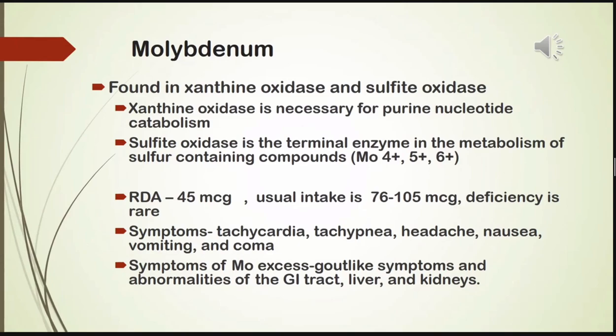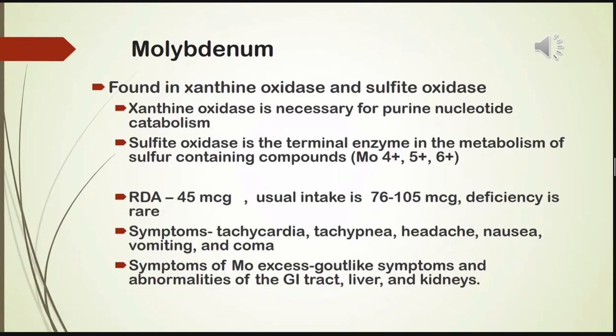Molybdenum is able to do this via cycling through its three valences, namely 4 plus, 5 plus, and 6 plus. The RDA for molybdenum is about 45 micrograms per day. The usual intake is about 76 to 105 micrograms.